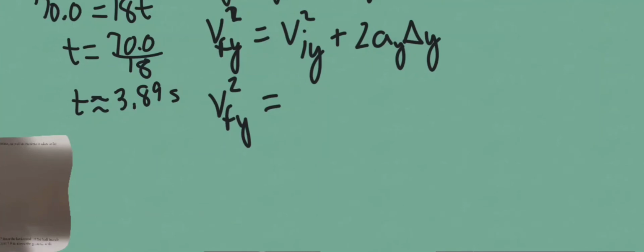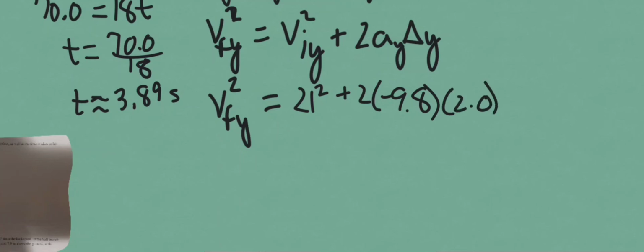So therefore, we have final velocity in the y direction squared equals initial velocity in the y direction was 21, so that's 21 squared, plus 2 times acceleration in the y direction, negative 9.8 here on Earth, and delta y was 2.0.